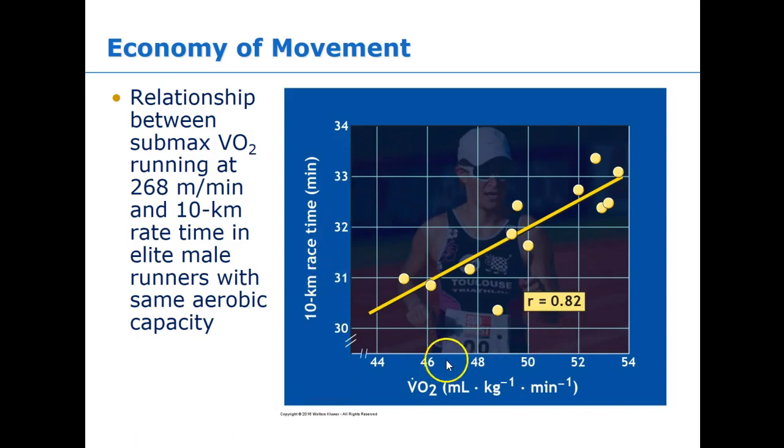As the time increases, the VO2, the consumption, actually goes up as well. So this is a perfect example of relating run economy to endurance performance in these elite level athletes who have comparable aerobic fitness. This graph clearly shows that athletes with greater running economies achieve better performance.